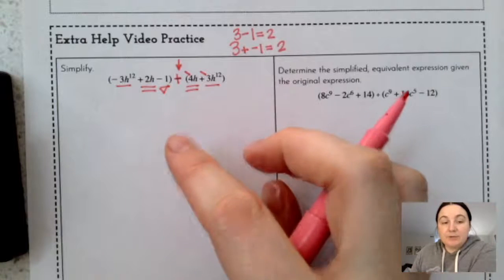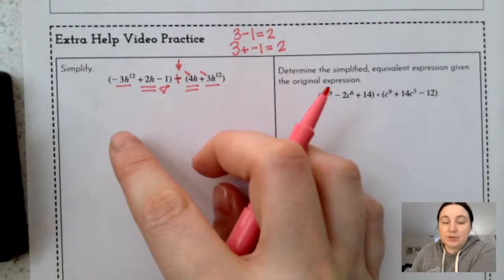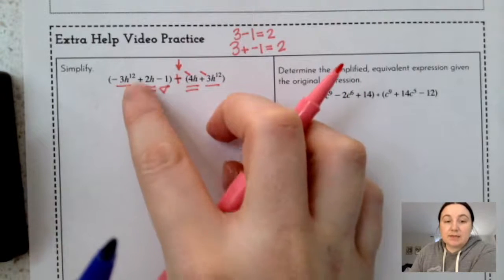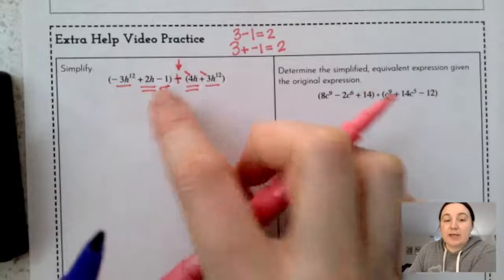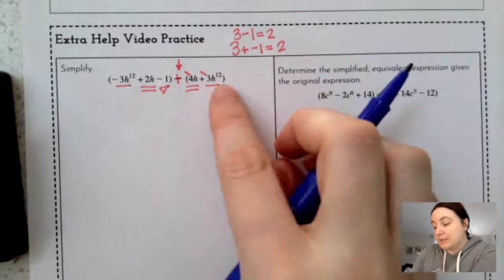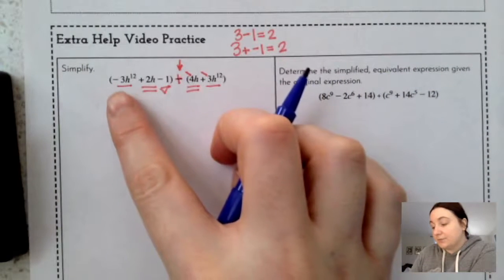Now I'm going to combine these, and I'm just going to look at my symbols. I see that my h to the 12ths are just plain lines, so I'm going to combine those. I have negative 3h to the 12th plus another negative 3h to the 12th. Be really careful with negatives.